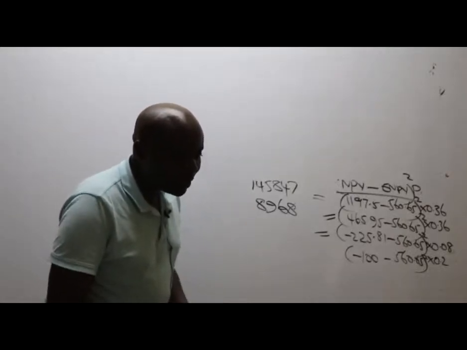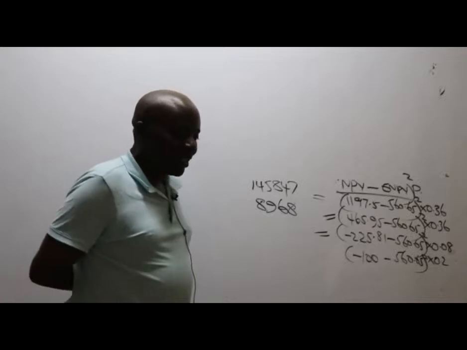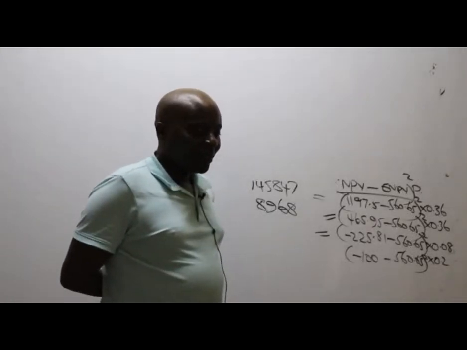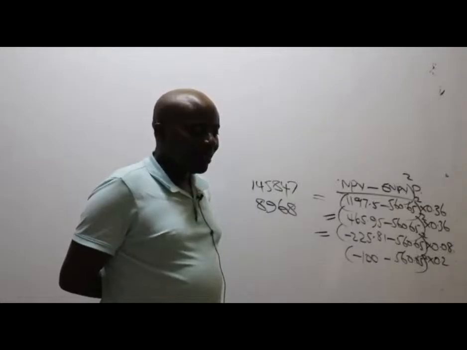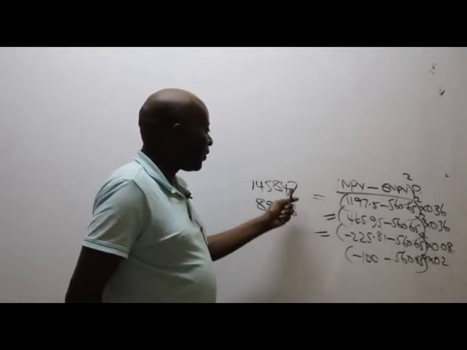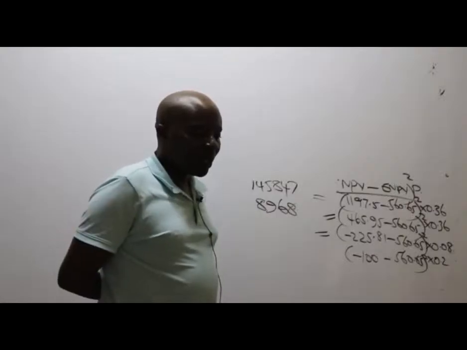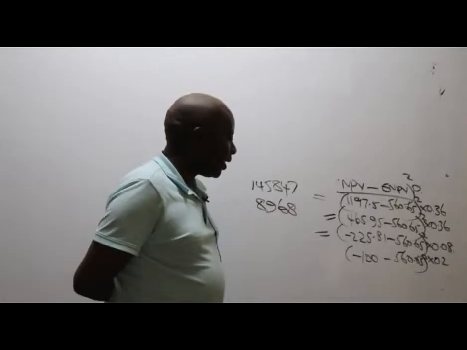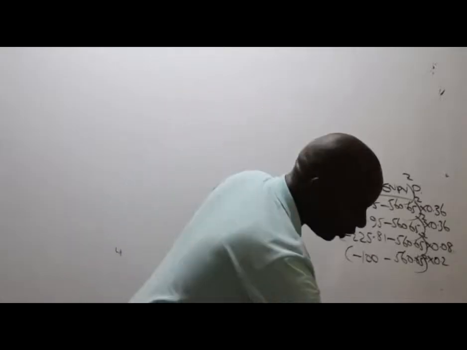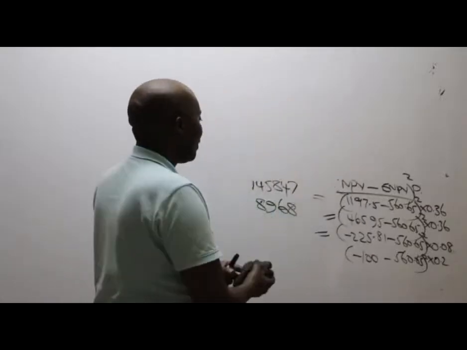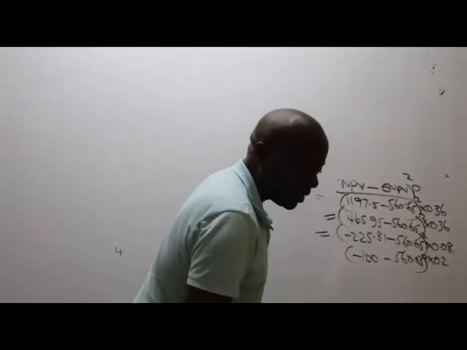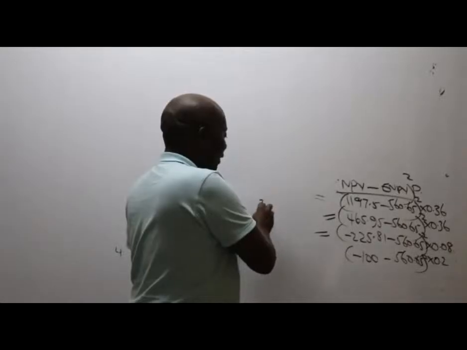Silvanus says that the first one is supposed to be 146. Okay, we start from the first one. Is the first one correct? 146,008. The second one is 32.28.